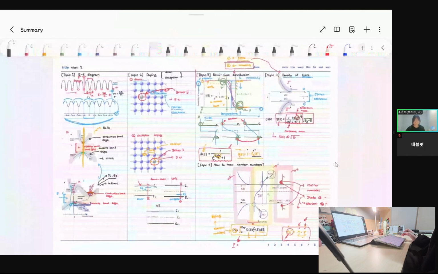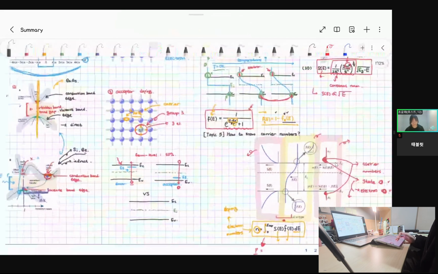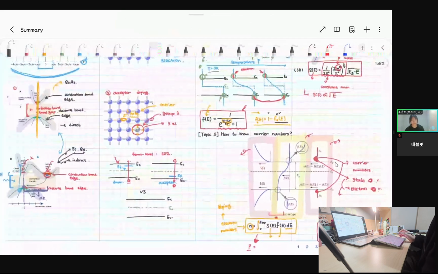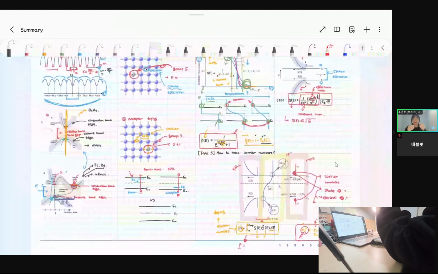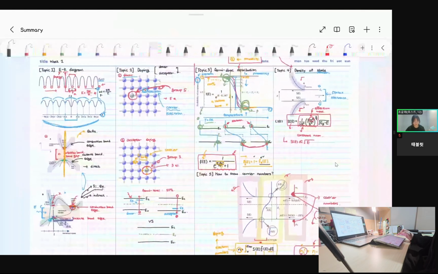After this, we can combine the donor doped semiconductors and acceptor doped semiconductors, and we can make a p-n junction. So next time we will discuss the p-n junction.